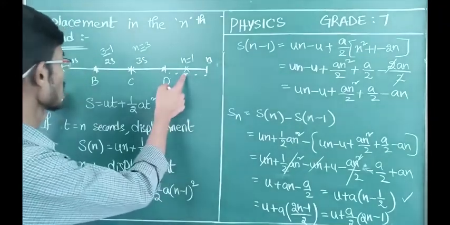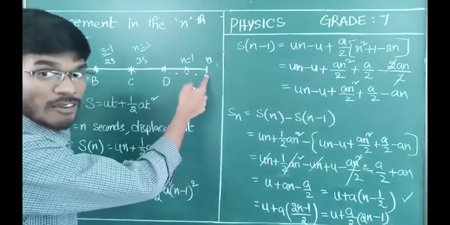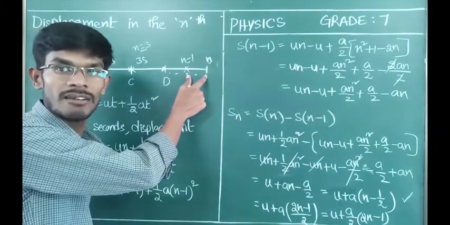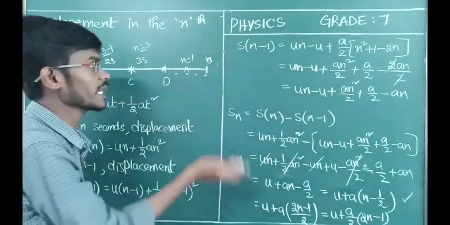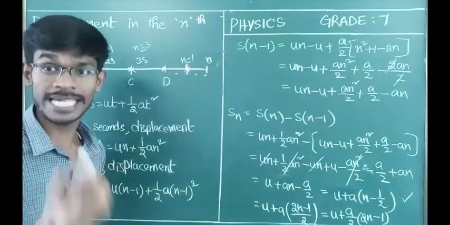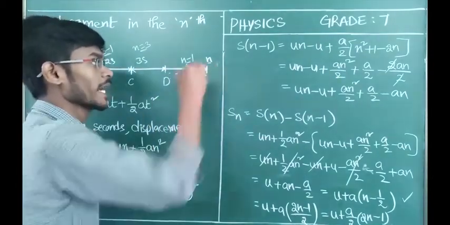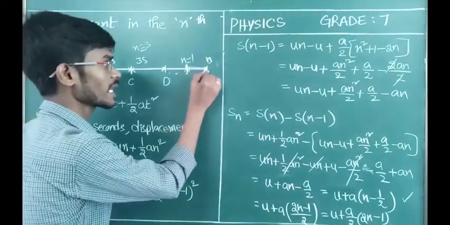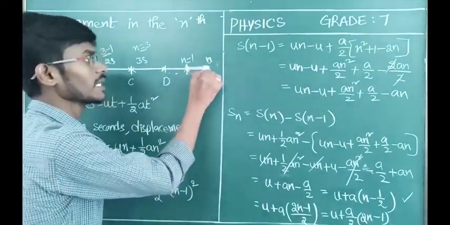If you subtract S of n minus 1 from S of n, we get the displacement travelled in this particular interval. Here the nth second starts at this point and ends at this point.